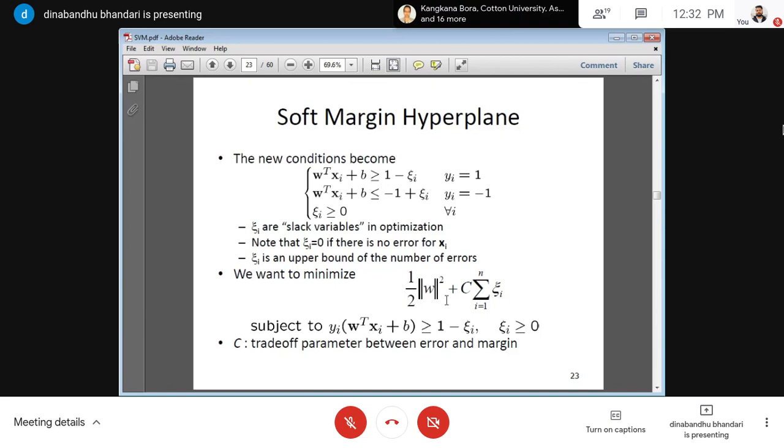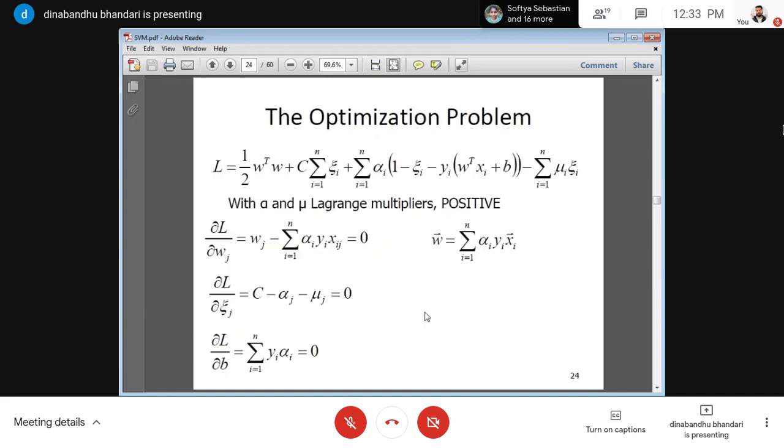In operation research, this is quite a common practice. And subject to the constraints, we can multiply by yi, and instead of 1 earlier, what we get here is 1 minus xi I. But unfortunately, we got another set of constraints here, xi I greater than or equal to 0. Don't worry, Lagrange is there, so we have the solution as well. Now, what would be the Lagrangian?